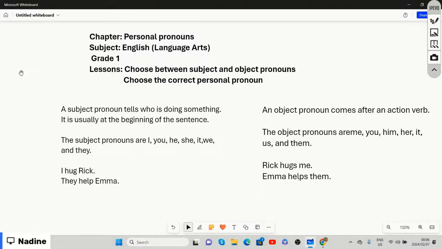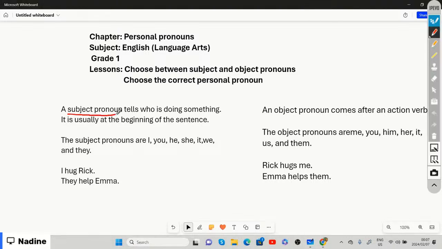The subject pronoun tells you who is doing something.